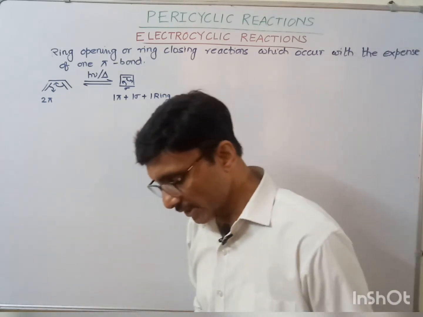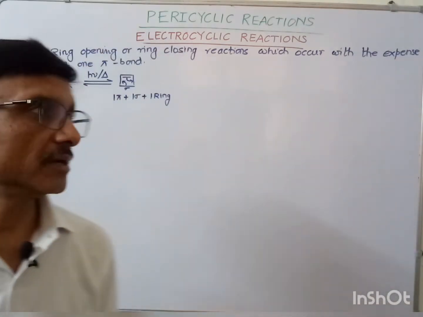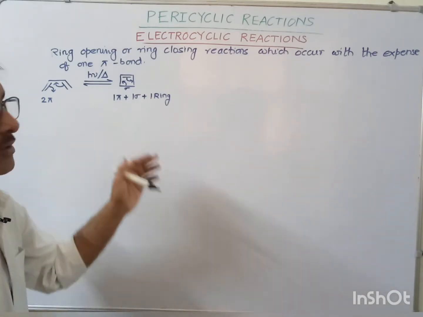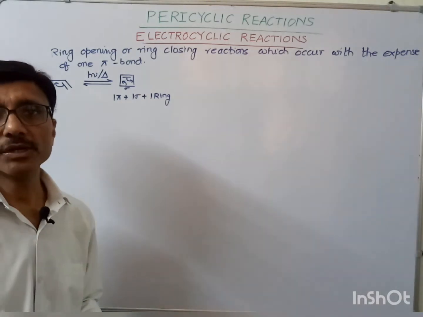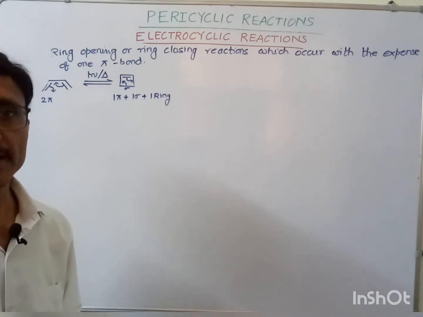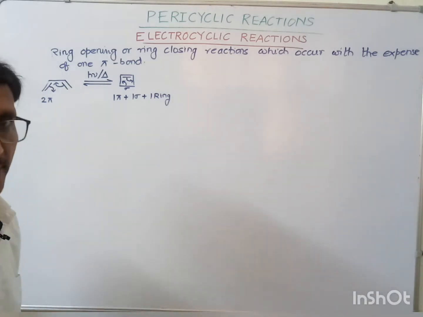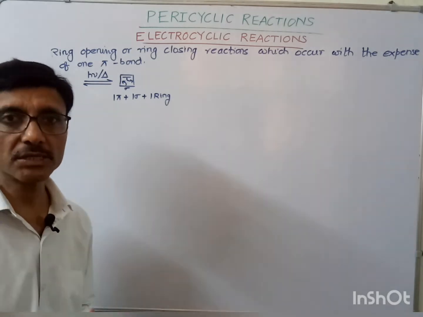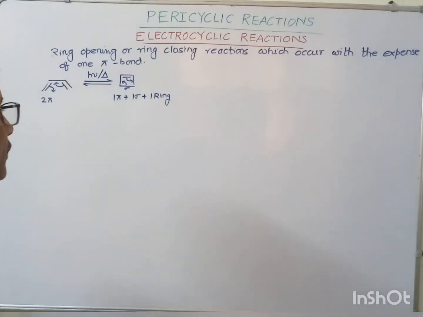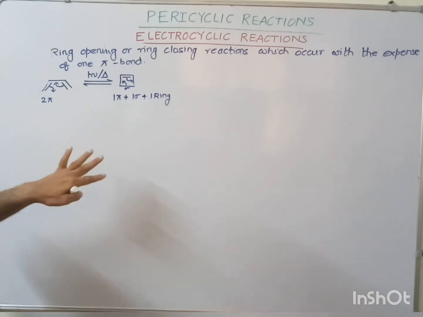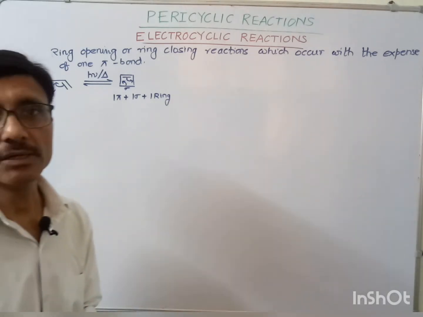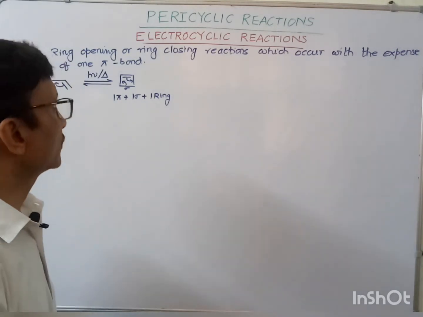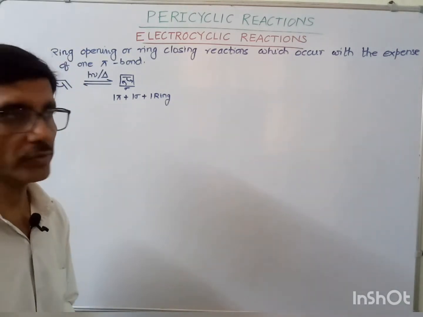In the same way, we may write this ring opening and ring closing reaction for hexatriene, which would be converted into cyclohexadiene, and so on.